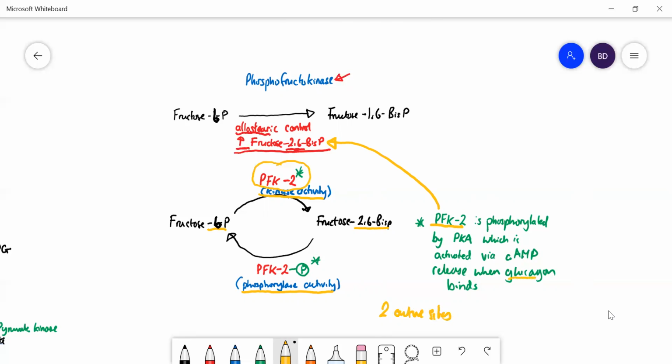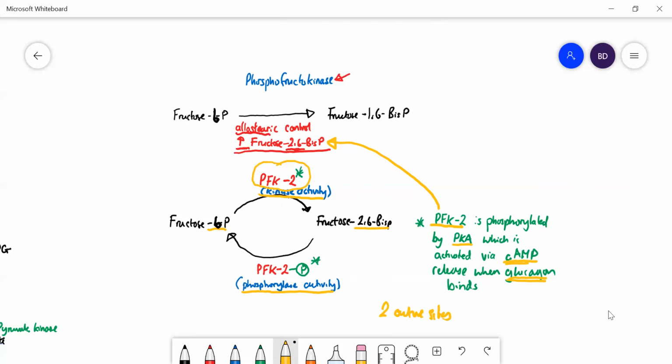controlled by glucagon. What happens is, you can see here, PFK2 is phosphorylated by protein kinase A, mentioned before. Protein kinase A is only active when there are high levels of cyclic AMP in the cytosol, and the high levels of cyclic AMP only happen when you get glucagon or adrenaline binding to their cell surface receptors.